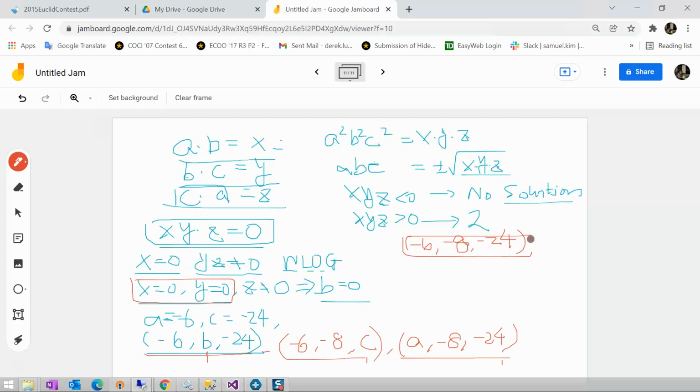This case makes x equal to 0, y equal to 0, z equal to 0. If this one only has one solution, then when we write the answer we need to say this is 1, this is 1, this is 1, and exclude that one, right? Because if this one has one answer, you've got to exclude them.